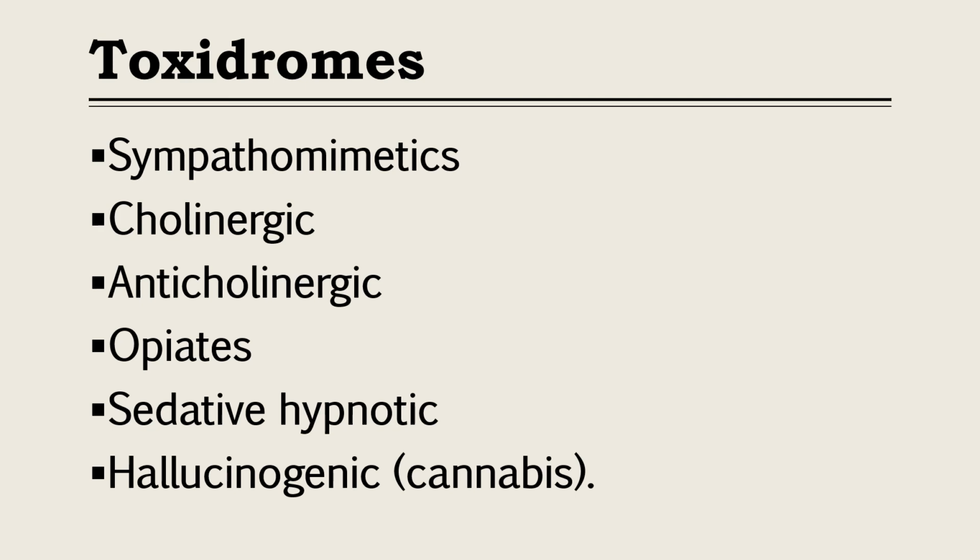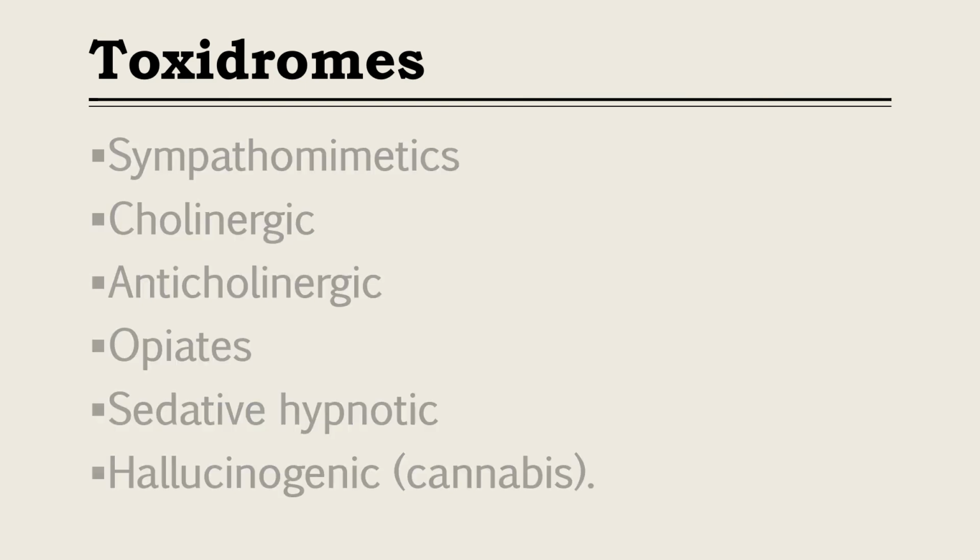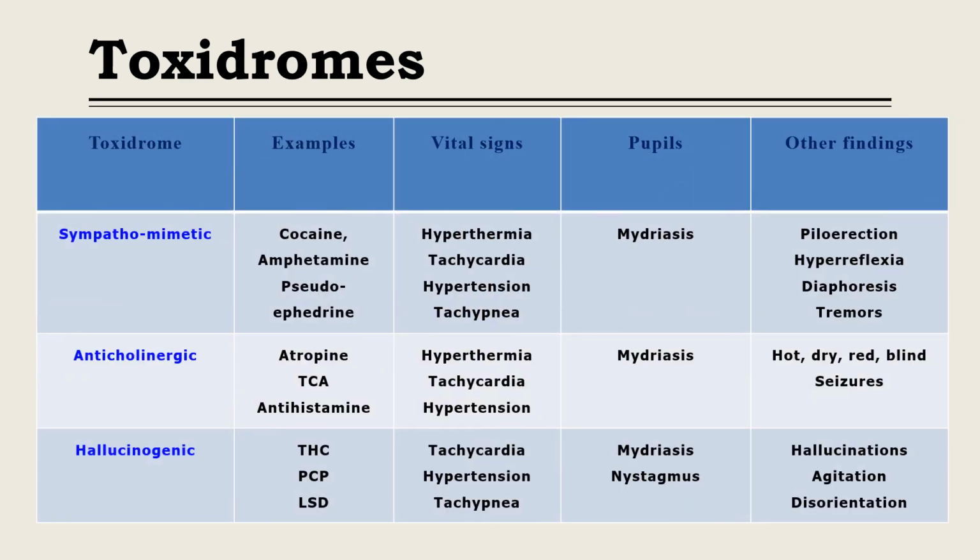We have these toxidromes: sympathomimetics, cholinergic, anticholinergic, opiates, sedative-hypnotic, hallucinogen, and hypermetabolic. In each toxidrome, there are examples of drugs, the vital signs, and other findings. This helps you in the differential diagnosis and in reaching a diagnosis of which of these toxidromes.